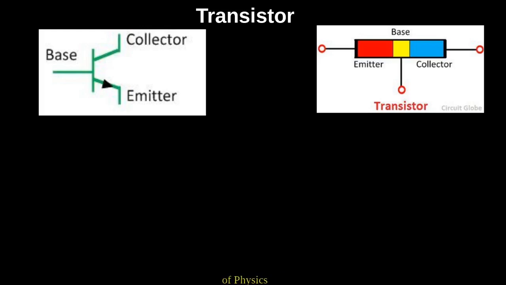The word trans means the transfer property, and resistor means the resistance property offered to the junction. In simple language, we can say that it is a switching device which regulates and amplifies the electrical signals like voltage or current. And the transistor consists of two PN diodes.